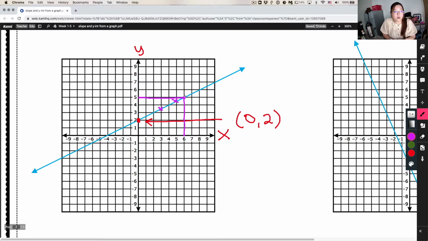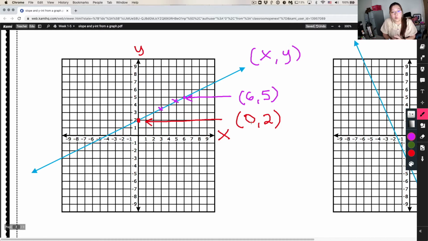And then that will show you, okay, at this point, x is 6, y is 5. And then to neaten it up, we can erase that. So this point is (6, 5). Remember, x first, then y, so (6, 5).